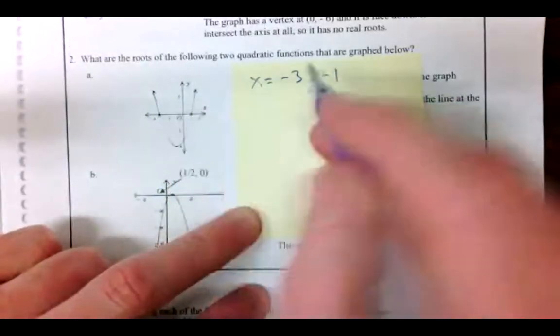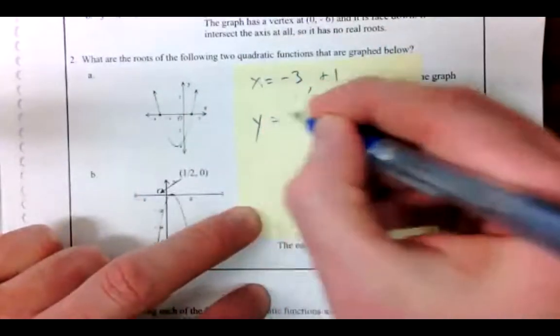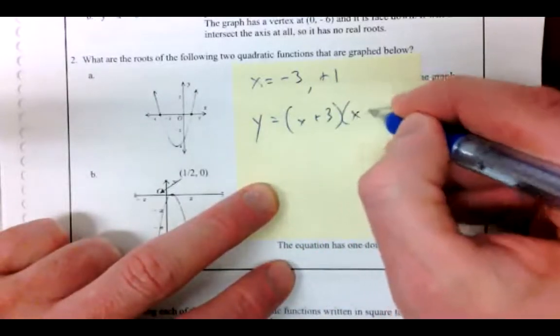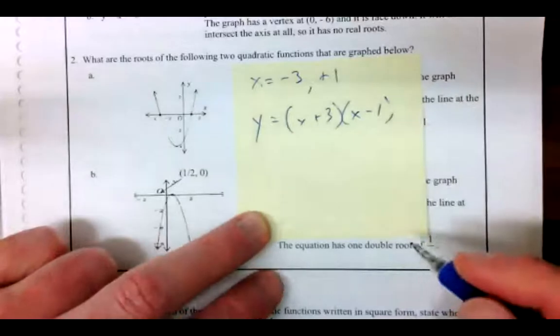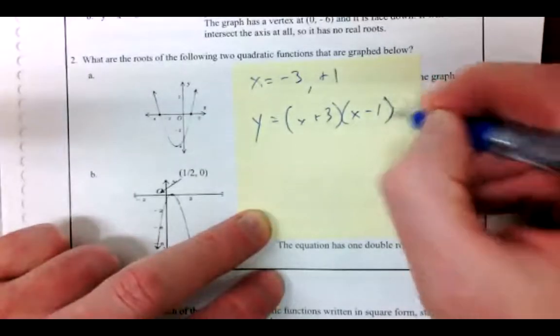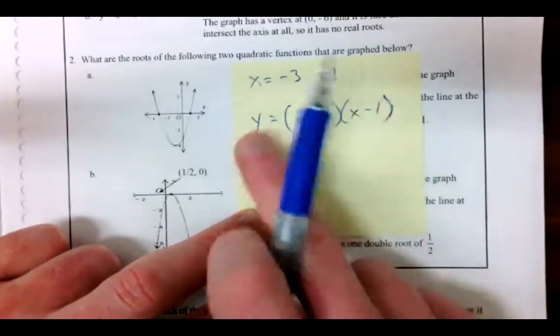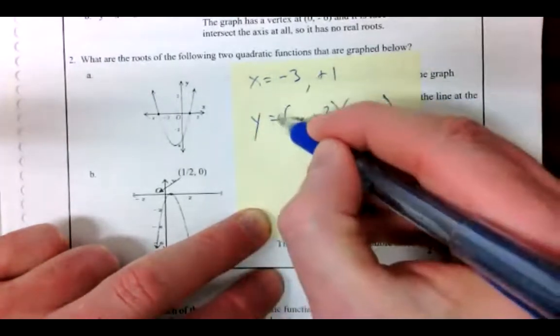The way this looks, not including the a, y equals (x plus 3)(x minus 1). So when you put 1 in, 1 minus 1 is 0. 0 times this is 0. Y would equal 0. Doesn't matter what the a value is.